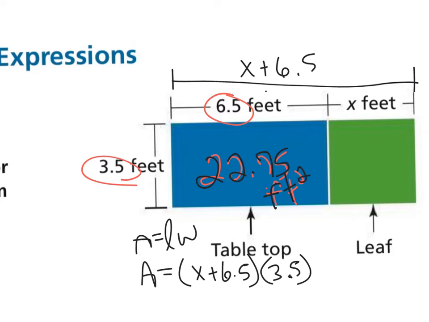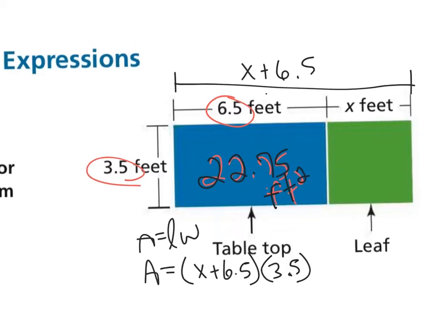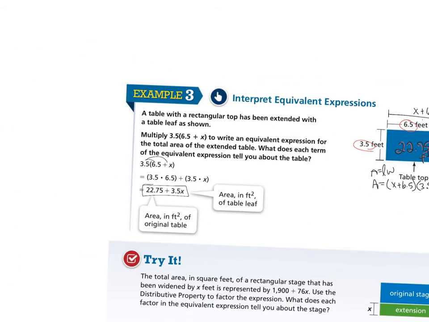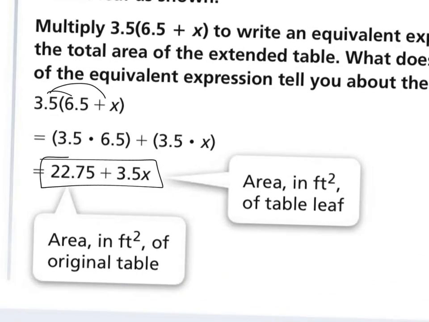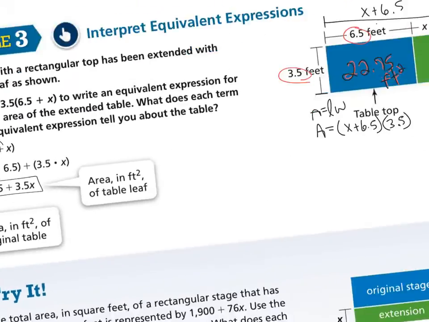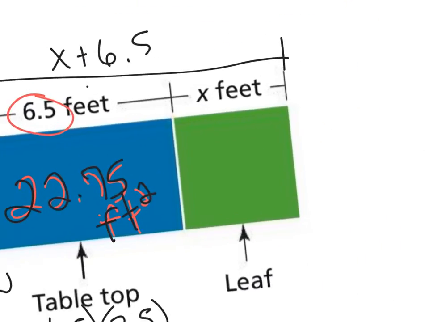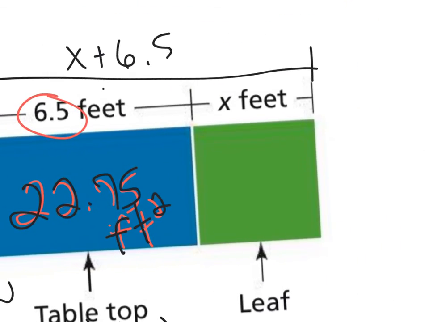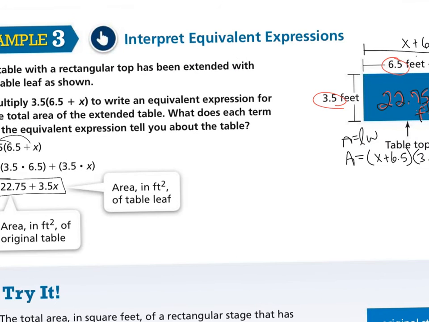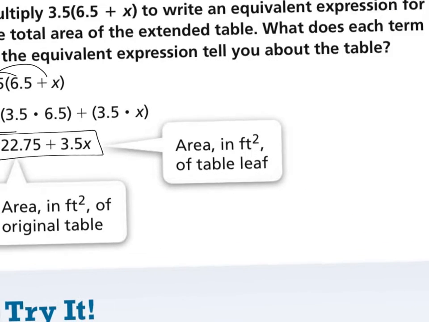Okay, so like the book says, that's the area of the original table. And then the 3.5 times x, if you look at our leaf here, we have an x going across, up and down, just like it is on the other side, would be also 3.5. So we multiply those together, that's the 3.5x, which is the area of our table leaf.